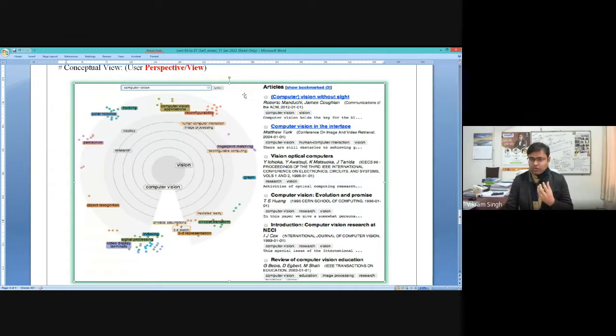In the first go, it provides you the list view. On the right side, you can see the different articles listed. The obvious thing is that as a user, you are interested in seeing the top 10, top 5, or top 20 matching results for your query, so you can provide a list view on the right side.